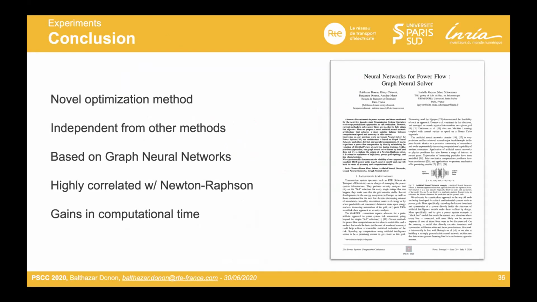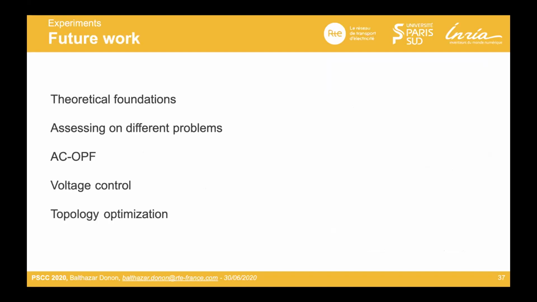What we introduced so far is really a novel optimization method that is very different in nature from classical optimization. It's completely independent from other methods and based on graph neural networks. We experimentally obtained high correlations with the Newton-Raphson method while obtaining important gains in terms of computational time.